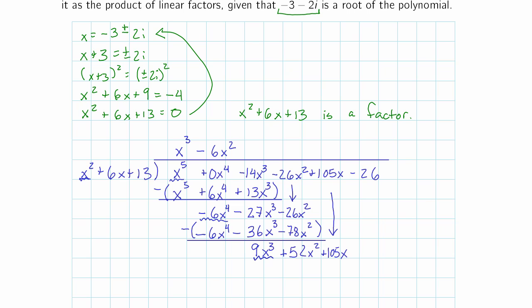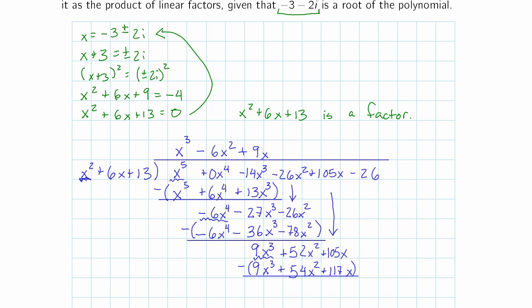First terms again. 9x to the third divided by x squared is going to be plus 9x. 9x times x squared, we've got 9x to the third. 9x times 6x, we've got 54x squared. 9x times 13, we've got 117x.